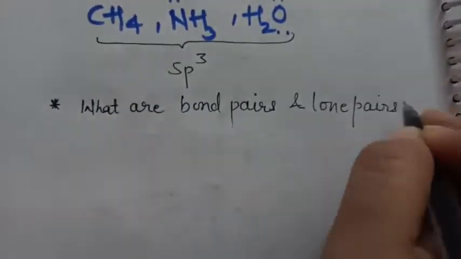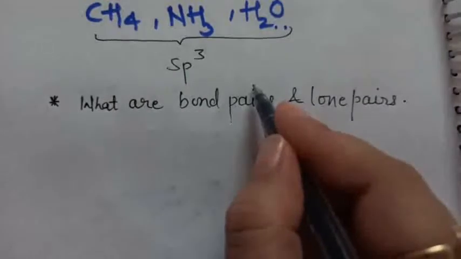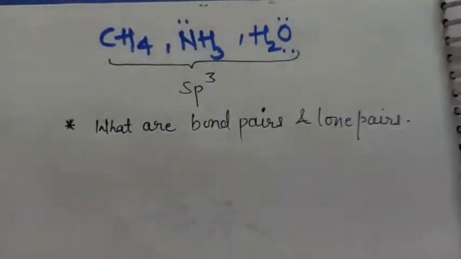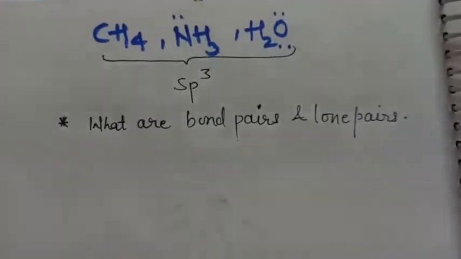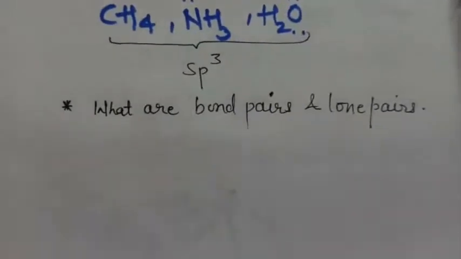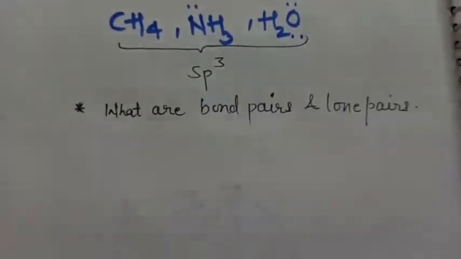You are already aware of what bond pairs are, but you can visualize in this video how the bond pairs are made and how a pair of electrons is designated as a lone pair. So let me start with methane.